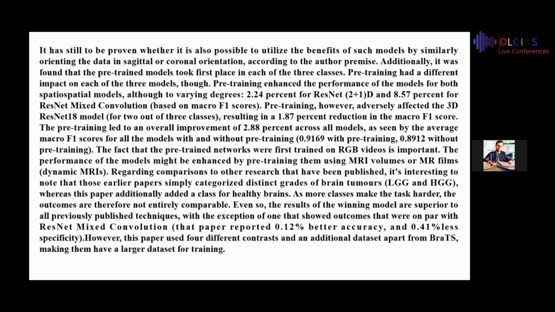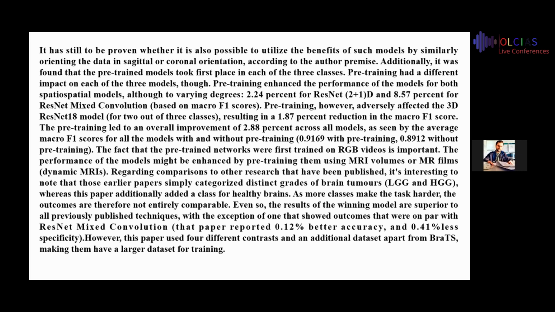Regarding comparisons to other published research, it's interesting to note that those earlier papers simply categorized distinct grades of brain tumors, LGG and HGG, whereas this paper additionally added a class for healthy brains. As more classes make the task harder, the outcomes are not entirely comparable.